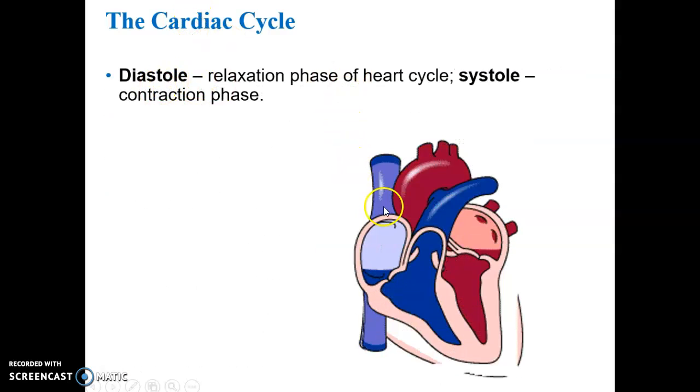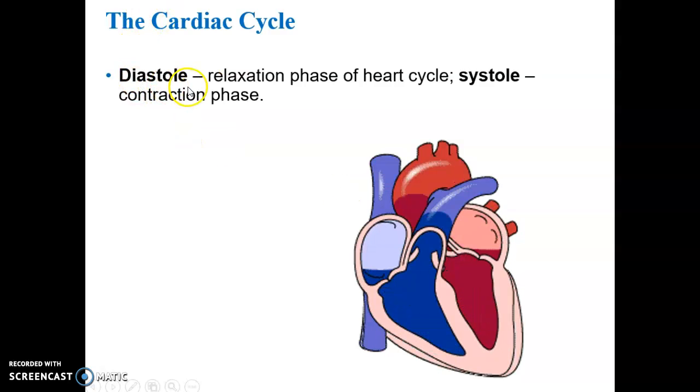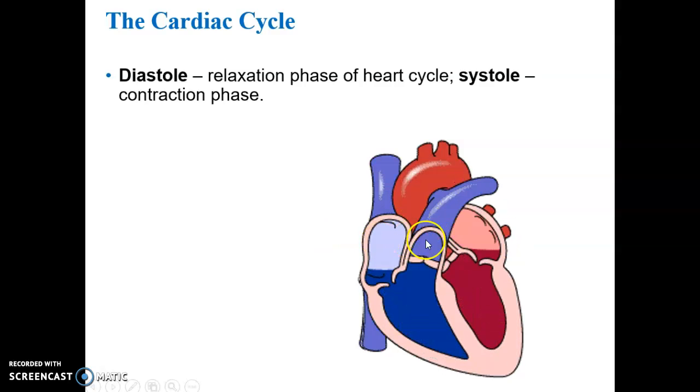So the cardiac cycle, we can talk about diastole, which is the relaxation phase of the heart cycle, when temporarily none of the chambers are contracting, and then systole, which is the contraction phase. So in this little video here, little GIF, we see that the superior chambers, the receiving atria, contract.